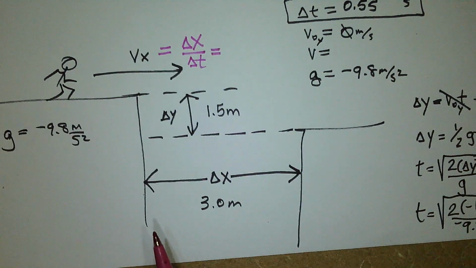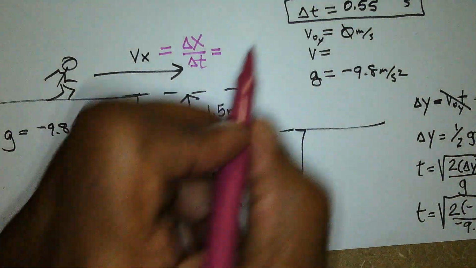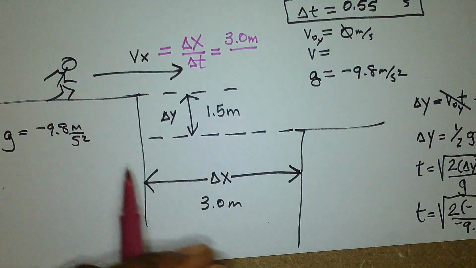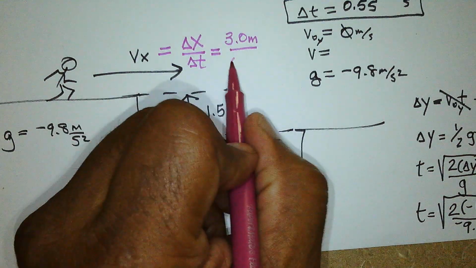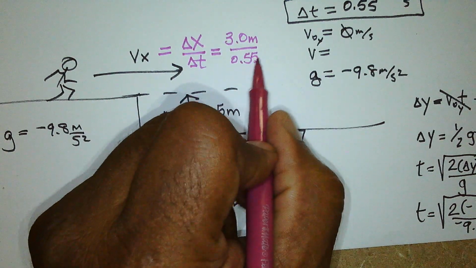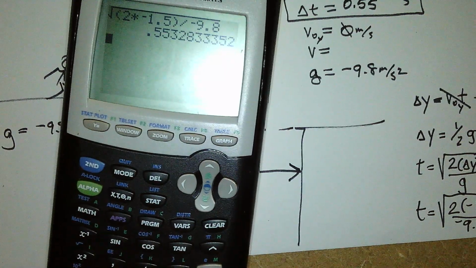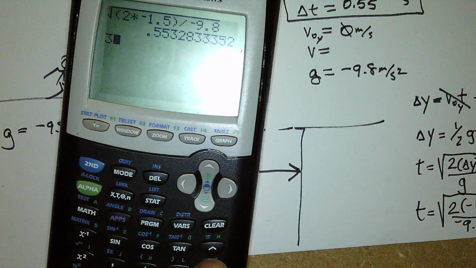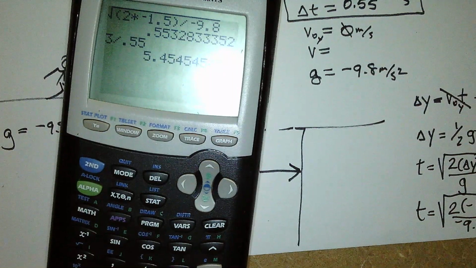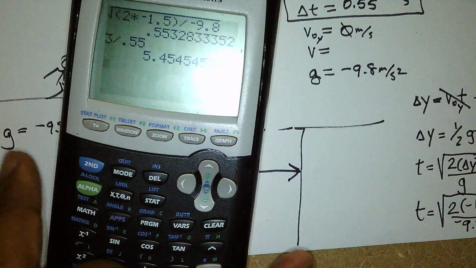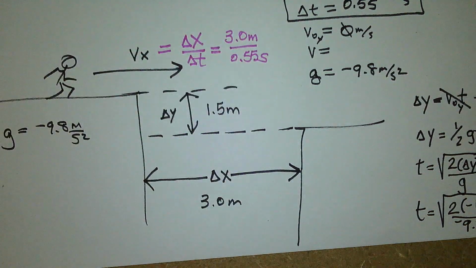So our delta x is 3 meters, and our change in time is 0.55 seconds. So 3 divided by 0.55 will give us a horizontal velocity of 5.45 meters per second.